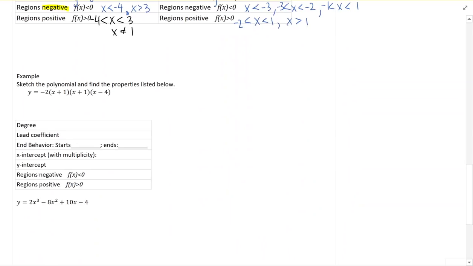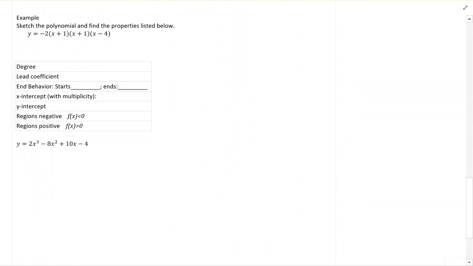All right, moving on to our next example. So now we're not looking at a graph, we're looking at a function, and we need to figure out some of this information. So first off, let's look at our degree.